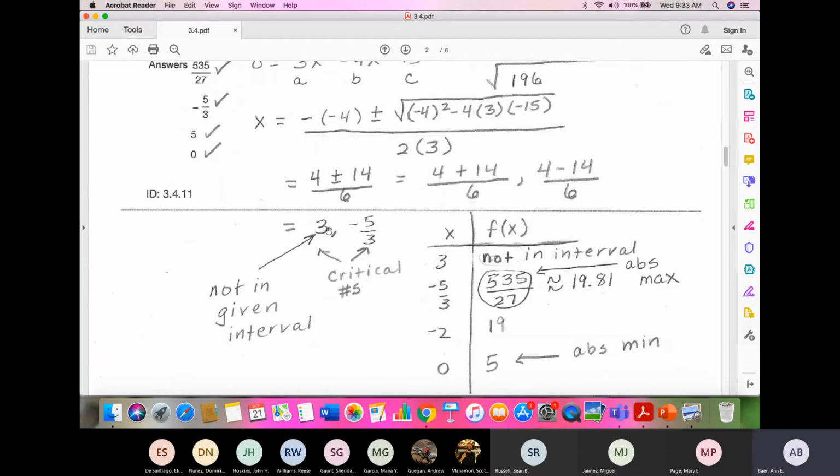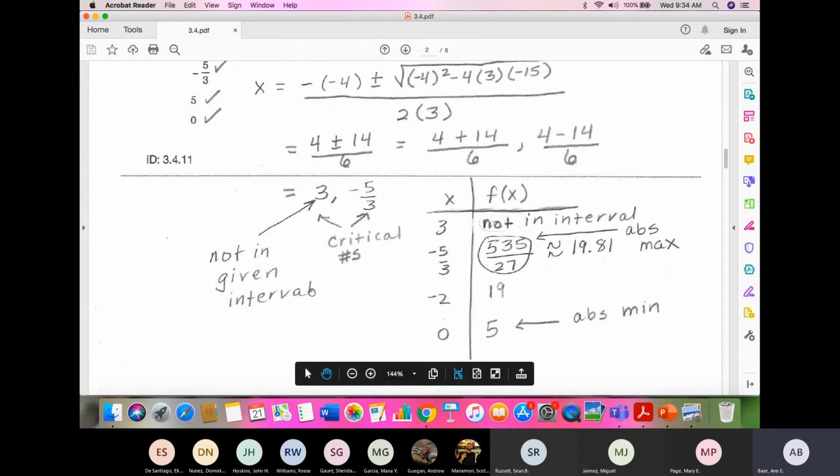So what I had to do there is note that this 3 is not in the given interval. So I ignored it. I put it in the table and emphasized that it's not in the interval, but we don't even look at it. We really don't even need to put it in the table, and you might not want to, because it would cause confusion.